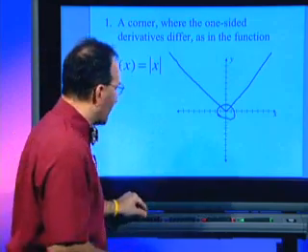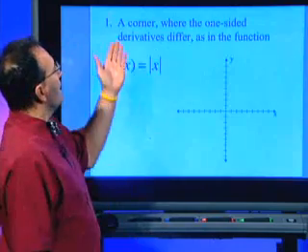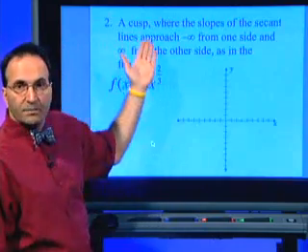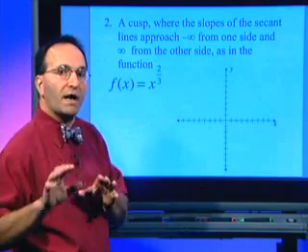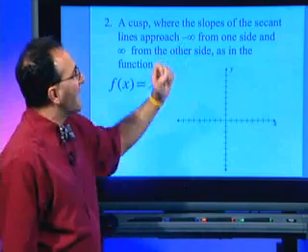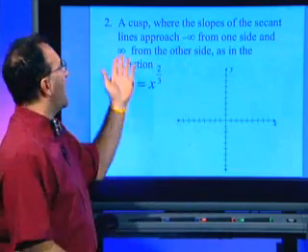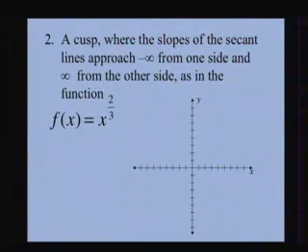Let's take a look at the next one, which is called a cusp. A cusp is where the slopes of the secant lines approach negative infinity from one side and positive infinity from the other side. Let's look at the function f(x) equals x raised to the power 2/3.